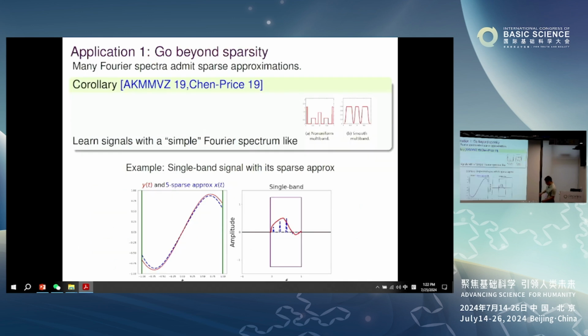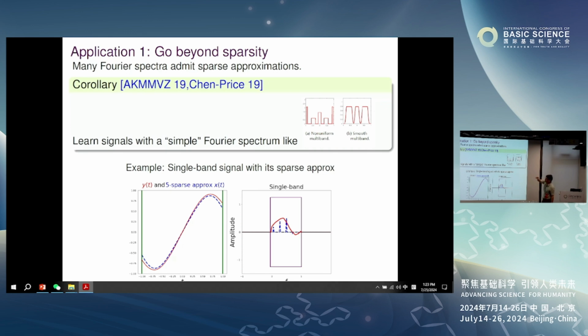Next I will give some applications. The first application is to go beyond sparsity. You may say the algorithm is tailored to sparse Fourier transform. So what can we do if the Fourier spectrum is not sparse but looks like multi-bands or Gaussian?